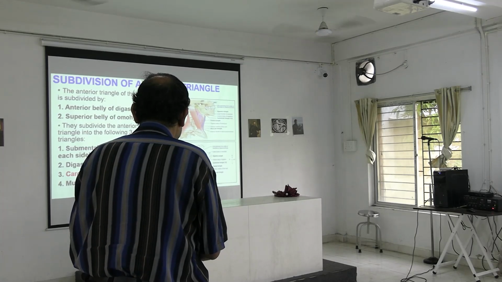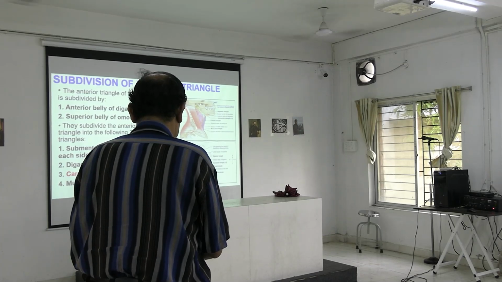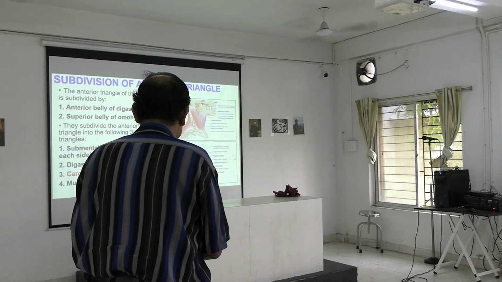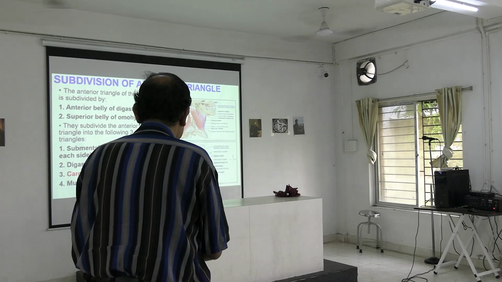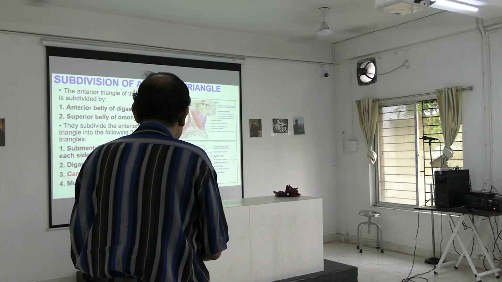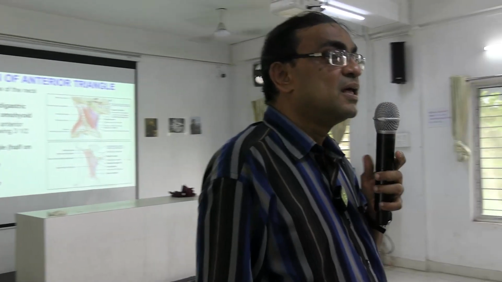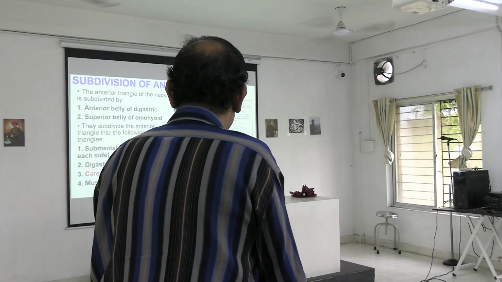Here is a triangle bounded posteriorly by the anterior border of the sternocleidomastoid, superiorly and anteriorly by the posterior belly of the digastric, and inferiorly and anteriorly by the superior belly of the omohyoid. So we can find one triangle here. That triangle is called the carotid triangle.